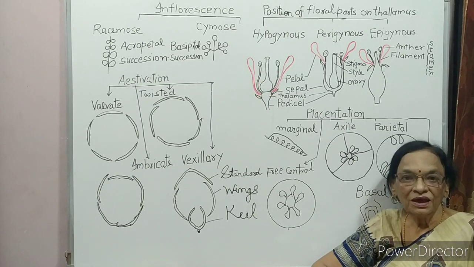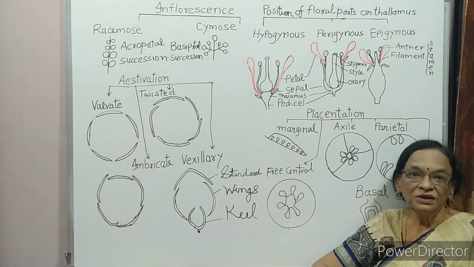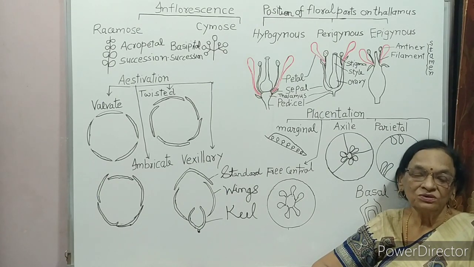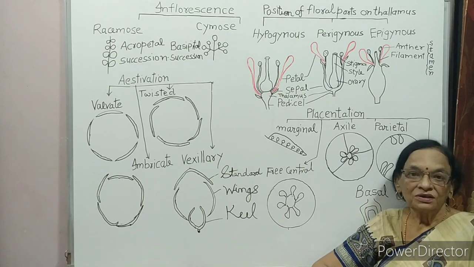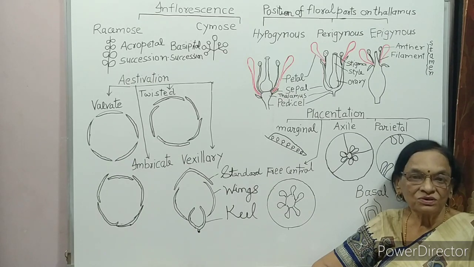Because it has apical meristem which changes into floral meristem. Then the internodes become condensed, and from each node floral appendages develop. That's why the flower is called a modified shoot.